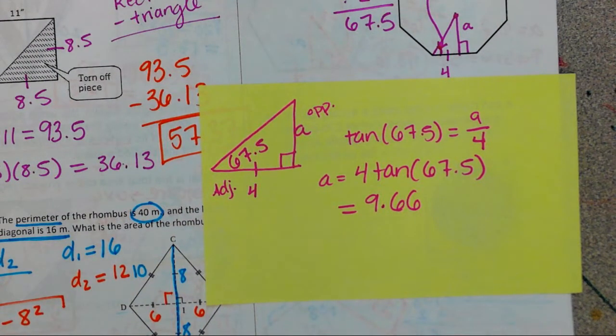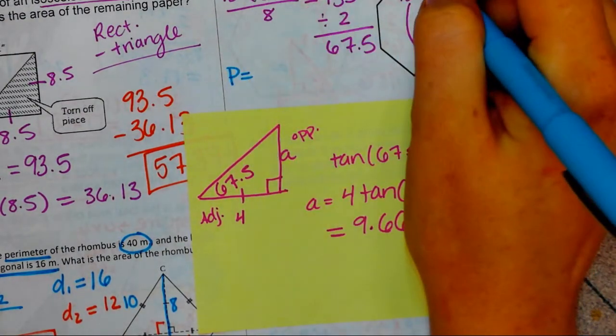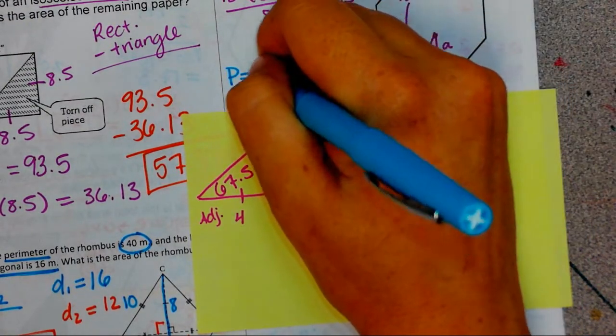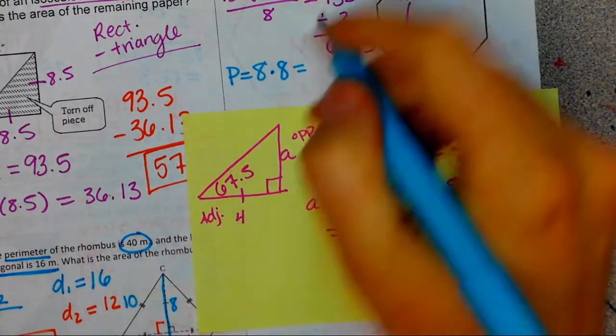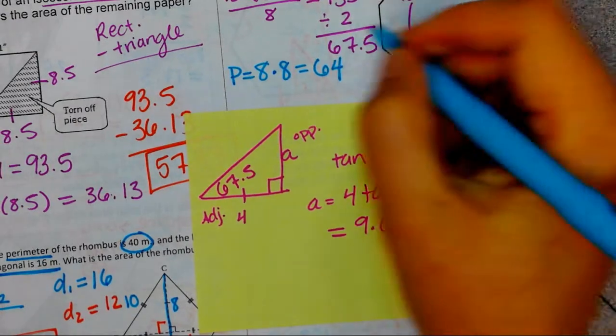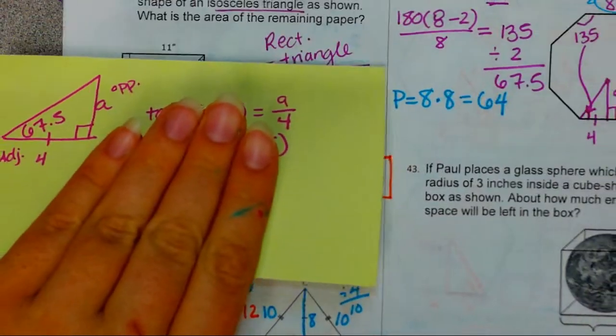Okay, so then let's see. After that, our perimeter is equal to a side length of 8, and we've got 8 sides. So 8 times 8 is equal to 64. Okay. Our apothem is 9.66. Okay.